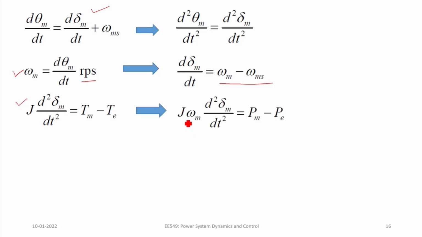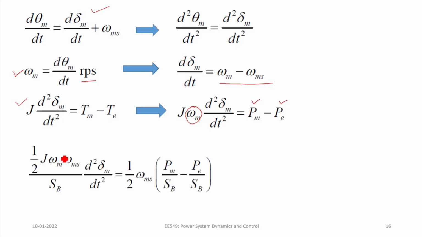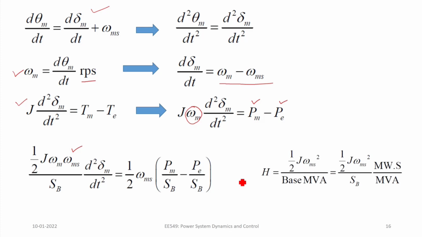So it will be J omega m d square delta m by dt square equal to Pm minus P, just by multiplying omega m on both sides, we get Tm omega m minus T omega m, and that becomes Pm minus P. And by doing a little manipulation, multiplying by half J omega ms on both sides and dividing by S base on both the left and right hand side, we get this expression.